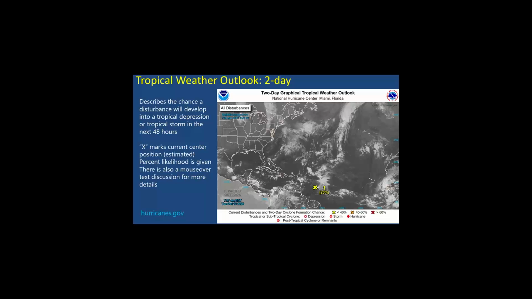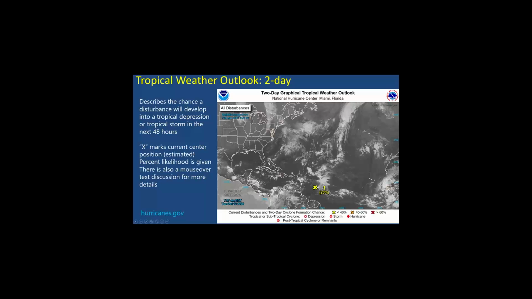And remember, early on, we looked at the easterly waves coming off Africa. And what I'm showing you now is a product from the National Hurricane Center on their hurricanes.gov website. What they do is they look at each of those disturbances and assign a probability that it will form into a tropical cyclone.